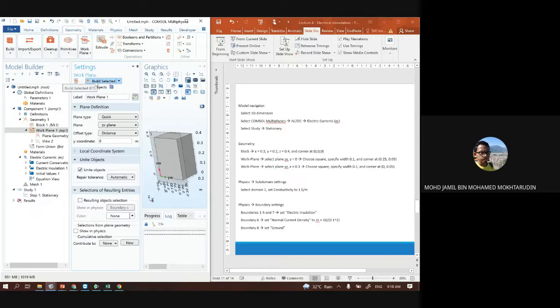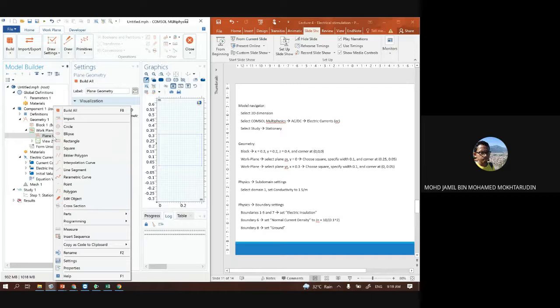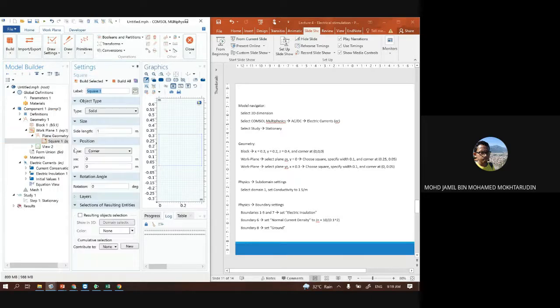So click build selected and then go to plane geometry here. Now we can draw a square. So right click and choose square. Again, the side length is 0.1 based on the figure given. But now you need to position this square.